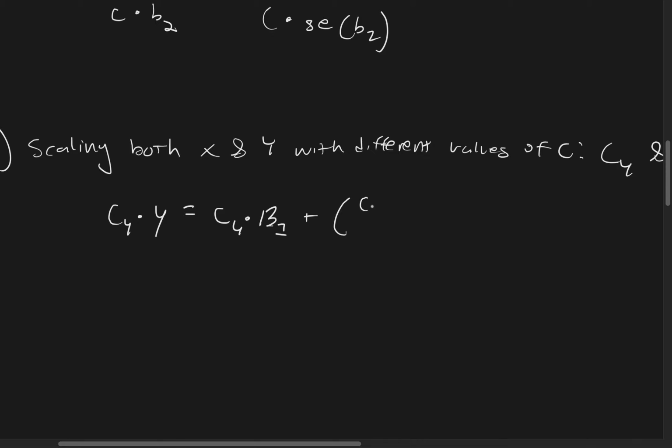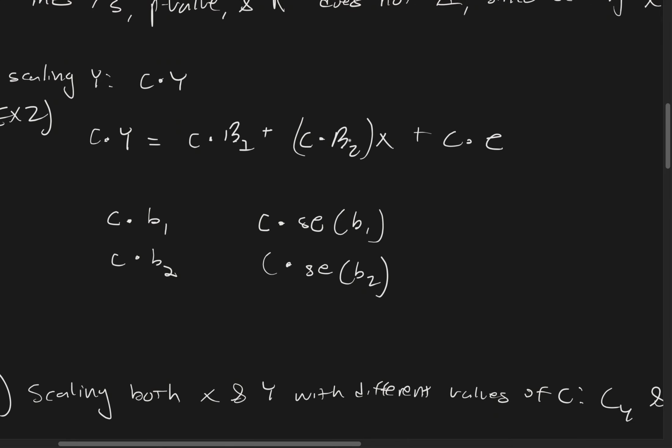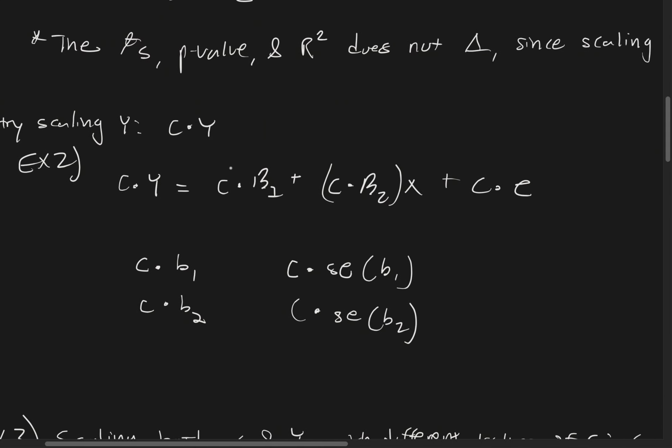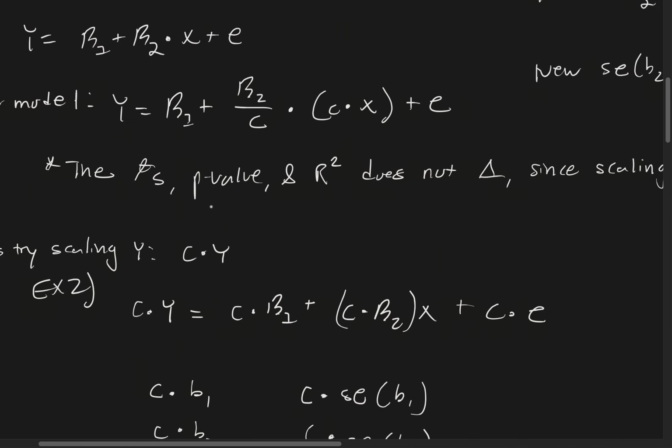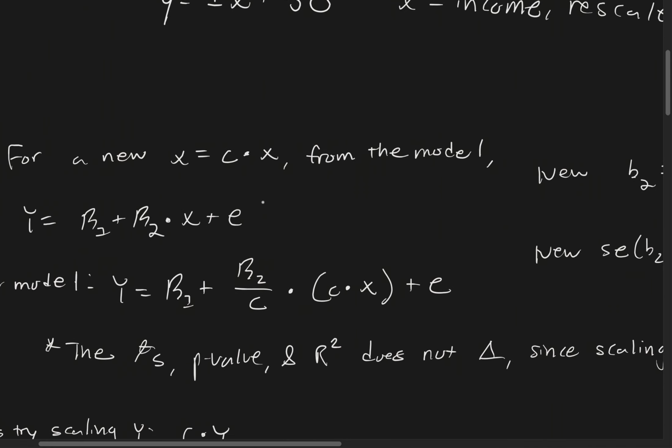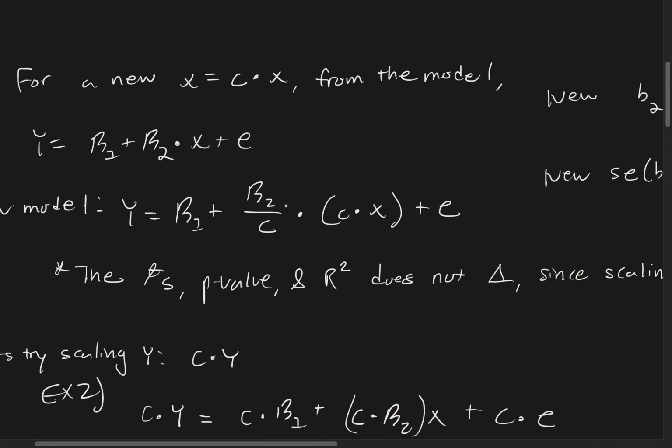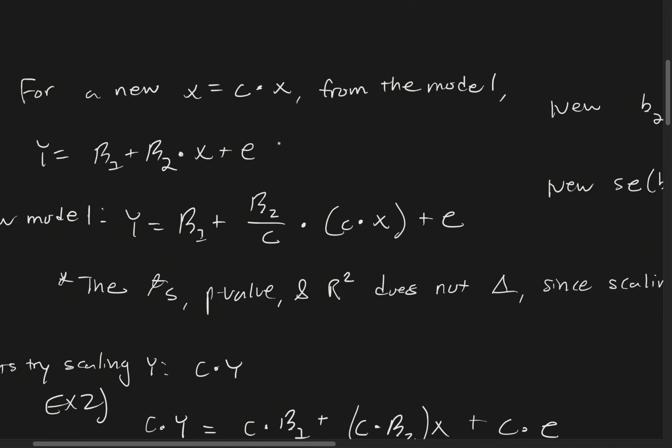So what we actually have to do is cy over cx, because right here we're rescaling beta 2 when we multiply y by the constant, and then we're also doing that for beta 2 when we rescale x.